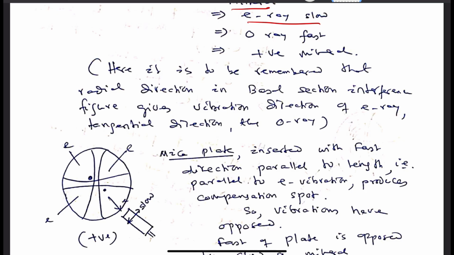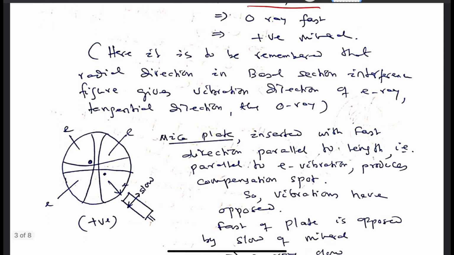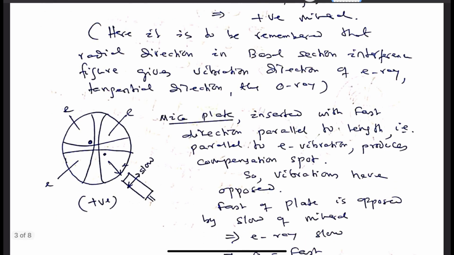Mica plate. Mica plate causes a retardation of 150 nanometer. It will either increase by 150 nanometer or cause decrease by 150 nanometer. And the interference figures are generally thin near the center.